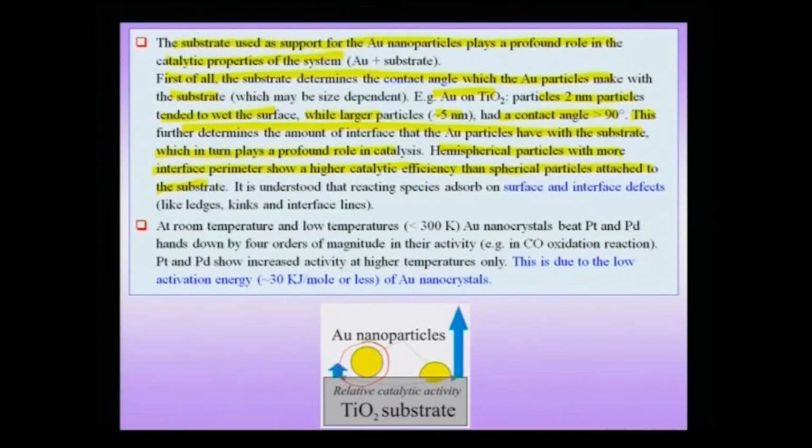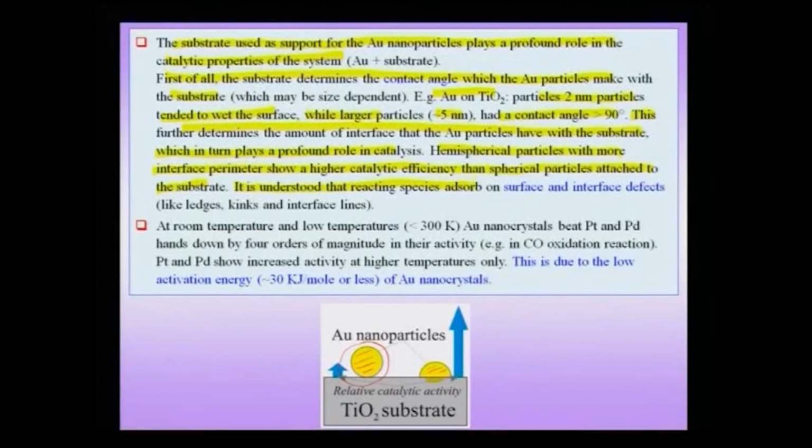So, if you compare the two pictures which are drawn here schematically below, one is the case of the non-wetting kind of situation where the particle is sitting virtually outside, versus a case of a 90-degree contact angle wherein the perimeter area is large, then you notice that the one which is embedded nicely, or a hemispherical cap kind of embedding, is actually giving you a higher catalytic activity as compared to the one which is not wetting the surface. It is understood that the reacting species adsorb on the surface and interface defects like ledges, kinks and interface lines.